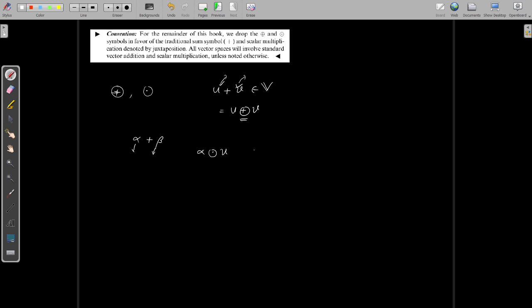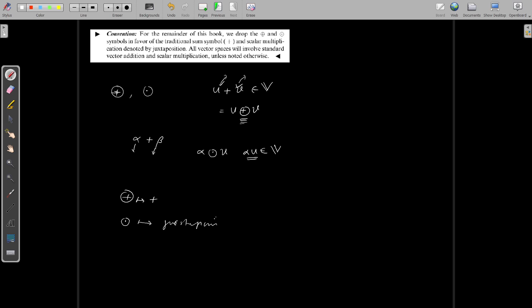You write alpha dot u simply as alpha u, which belongs to V. So vector addition is changed to the usual addition, and scalar multiplication is changed by juxtaposition.